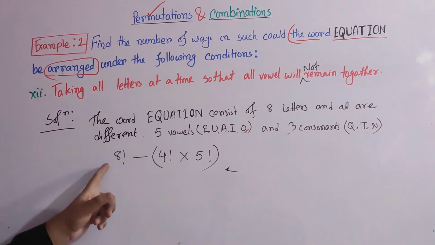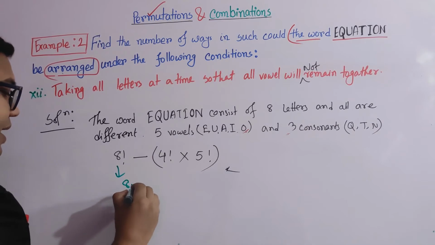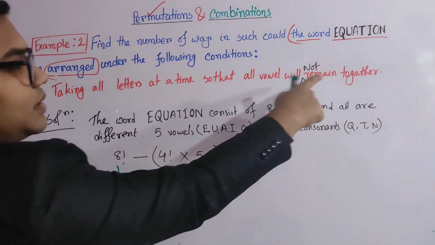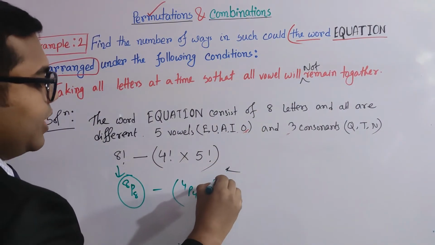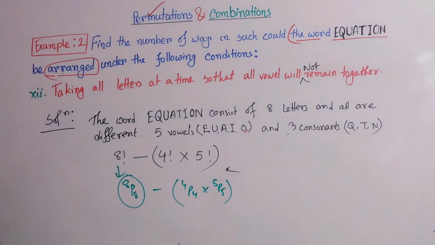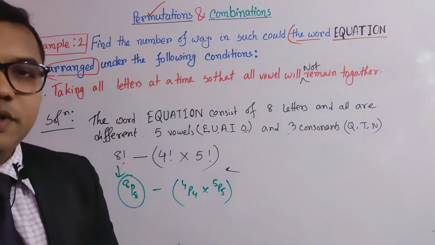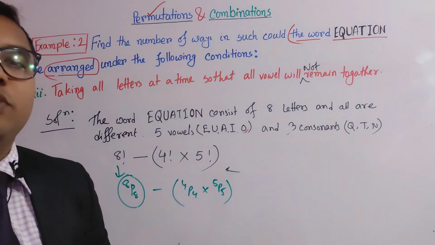Why 8 factorial? Because it is 8P8. So it is total minus remain together, which is 4P4 into 5P5. Clear? We already know 8P8 is 8 factorial, 4P4 is 4 factorial, and 5P5 is 5 factorial. So this is the answer, and if you write it this way, it will also be the answer.